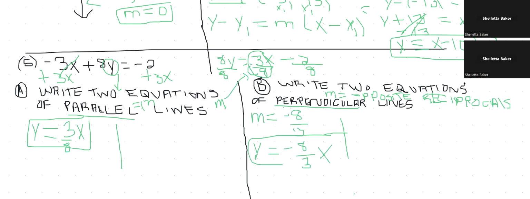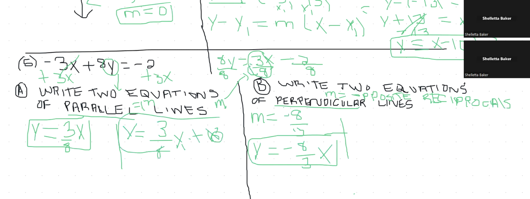All right, and now for the second equation, you could use any value you substitute there. That will be fine. For the y-intercept, just make sure that the slopes are the same. So y equals 3/8 x plus 6. Use some other value for the y-intercept.